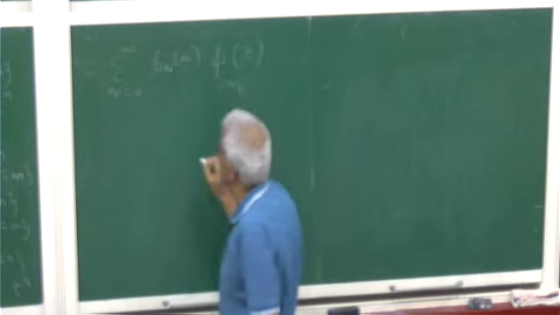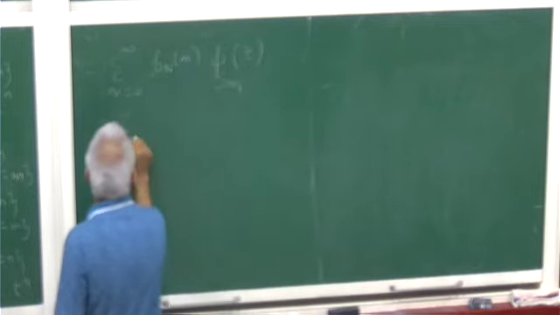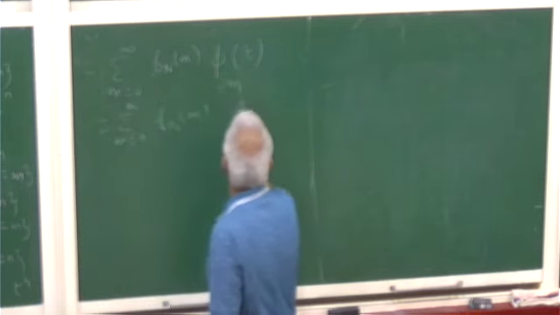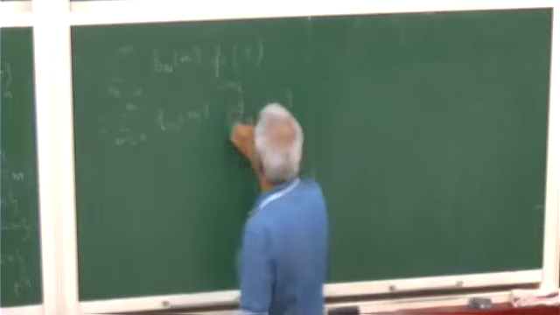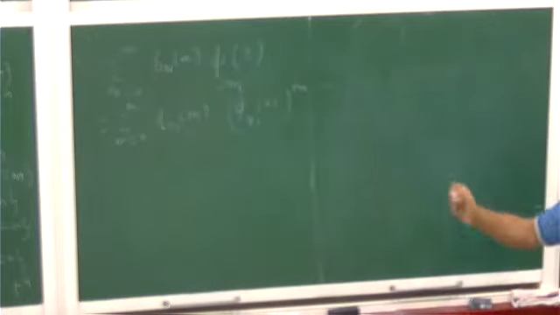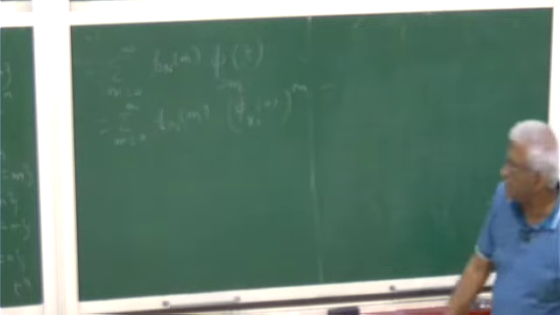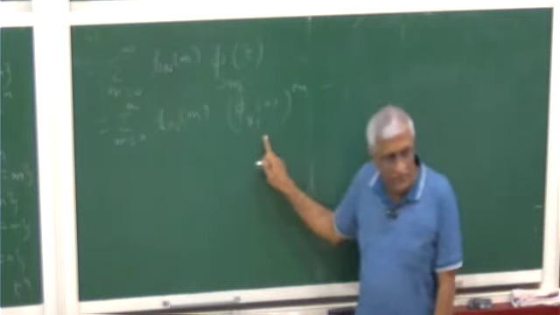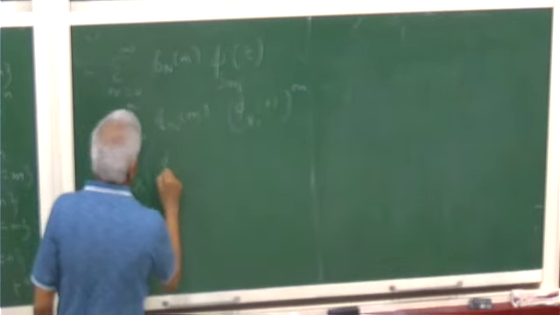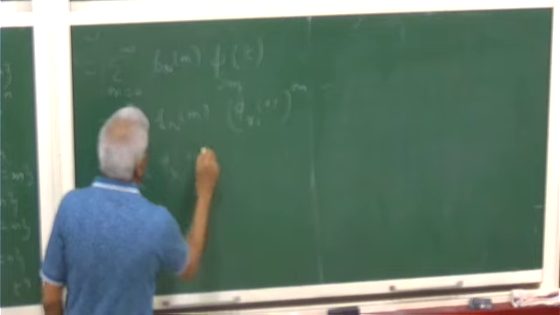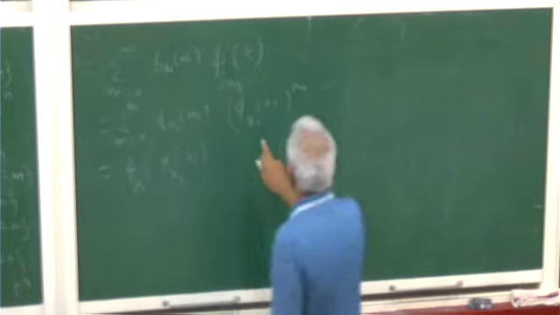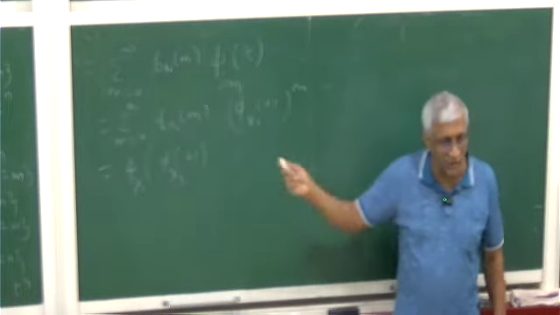Which is the same as summation m equal to 0 to infinity F_N of m, which is just phi X1 of t power m, because they are sums of independent random variables. So instead of t, you have this here. So this is phi_N of phi_{X1} of t. That's why I have taken X1. You can take anything you want.